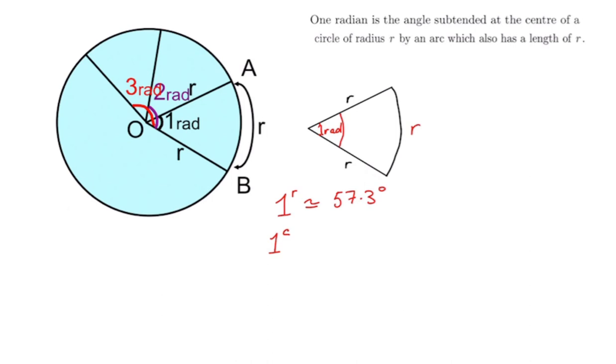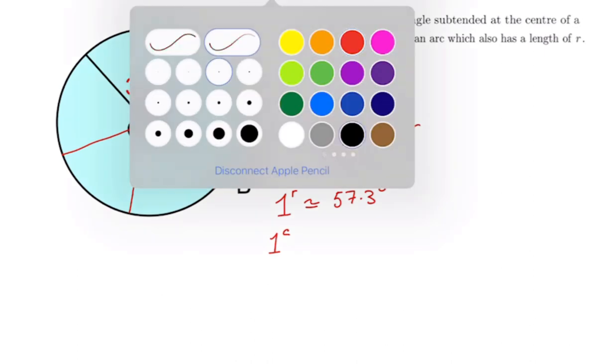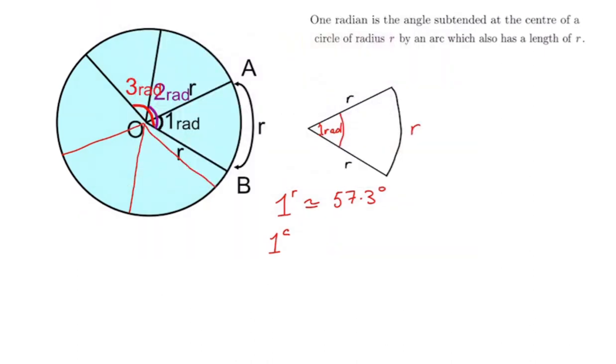Now if you look, if I take my circle and I split it into sectors of the same area, you can see I can fit just over 6 sectors into that circle. And in fact, I can fit in 6.283185, and it carries on forever, sectors into that circle.